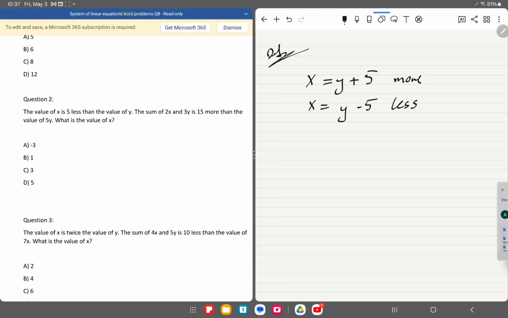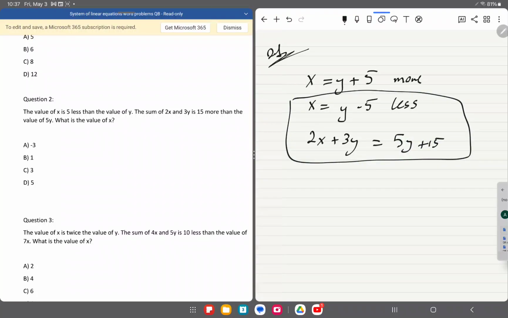Now, the sum of 2x and 3y is 15 more than the value of 5y. So 5y plus 15. So these are my 2 equations.